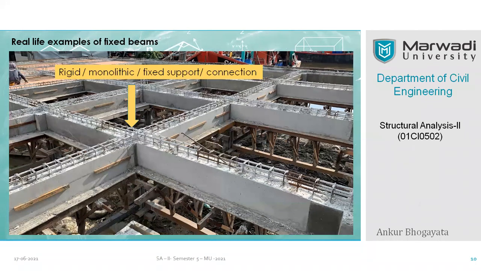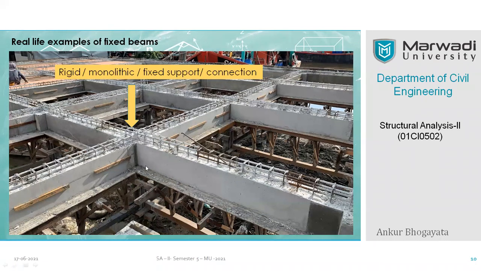Generally, beams and slabs are cast monolithically along with each other. So there is no possibility of any lagging of the fixity at the support or a joint.